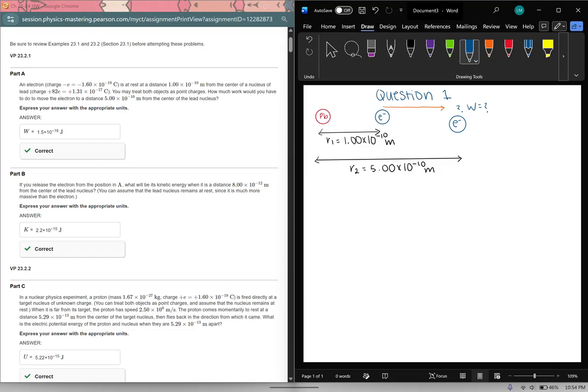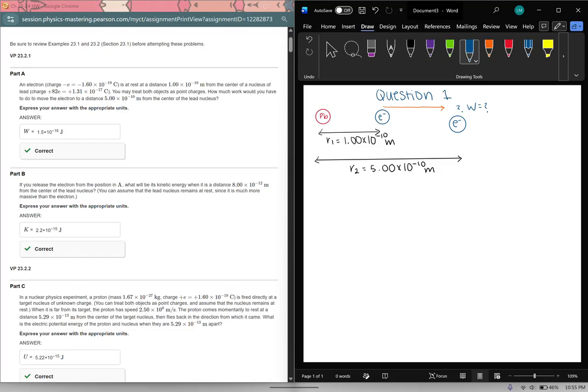This is the new distance, r final, 5.00 times 10 to the power of negative 10 m. Since the electron has a negative charge and the nucleus has a positive charge, they attract each other, so because I'm moving the electron farther away, I have to do positive work against the electric force.